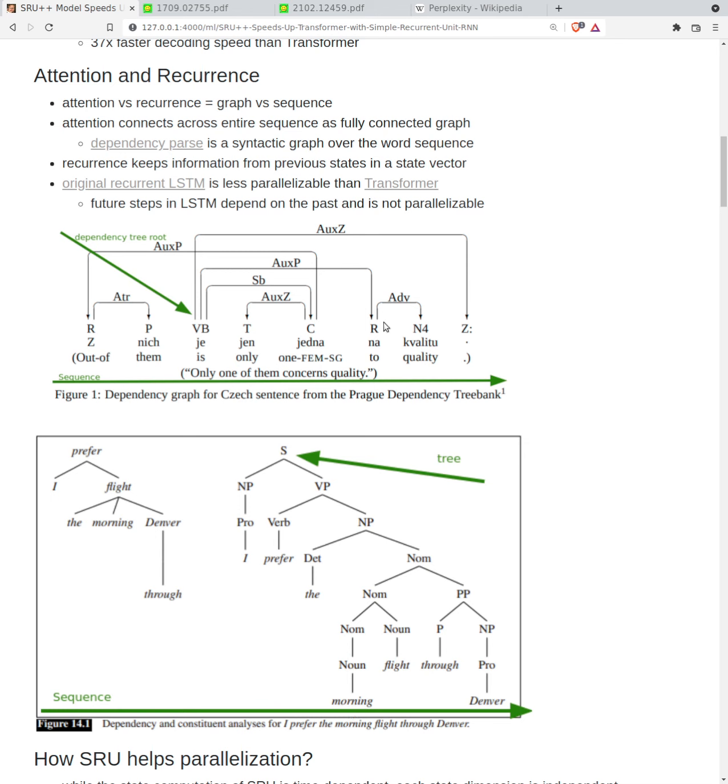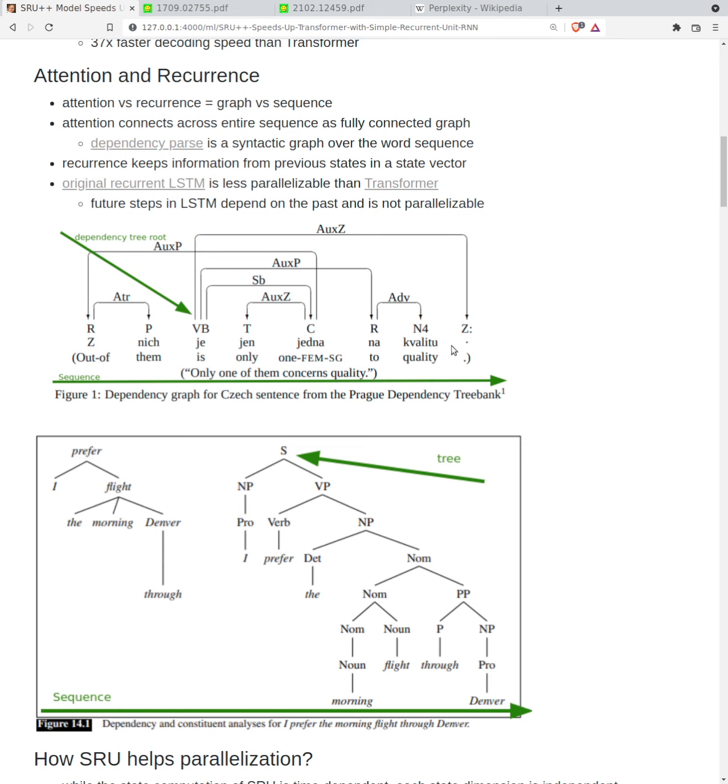So you get these sorts of trees. Basically, the dependency parse here is on the left, and you have more on this screen.